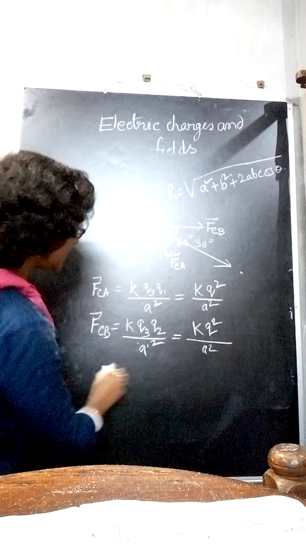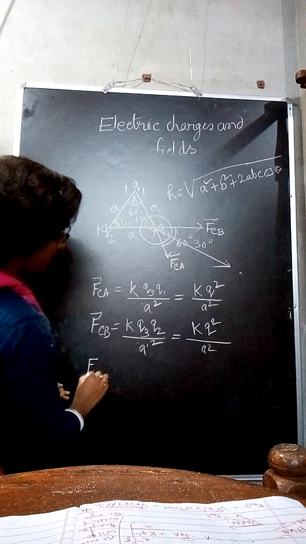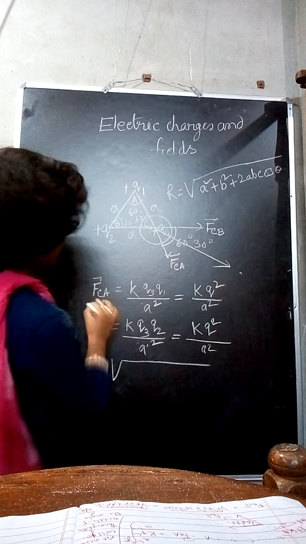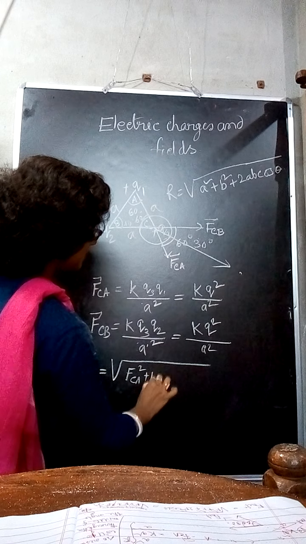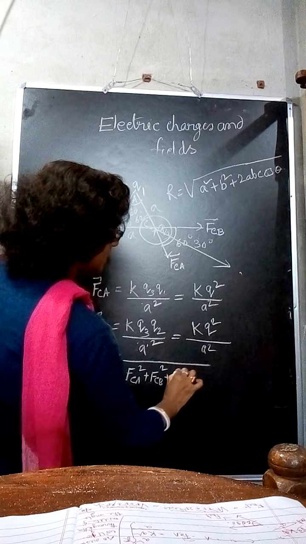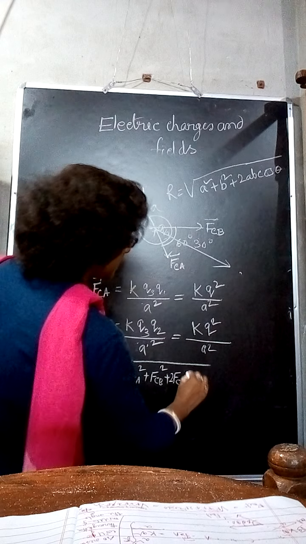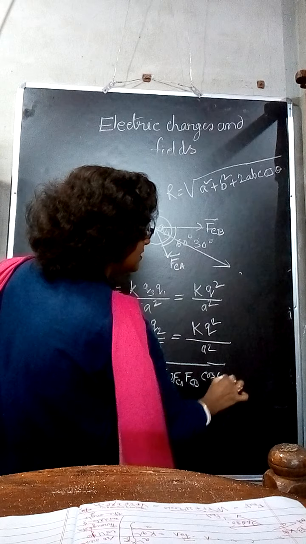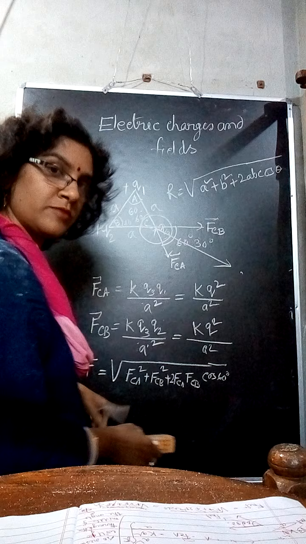So here the resultant force F is equal to root over F CA square plus F CB square plus 2 F CA F CB cos 60 degrees. Okay, up to that is okay.